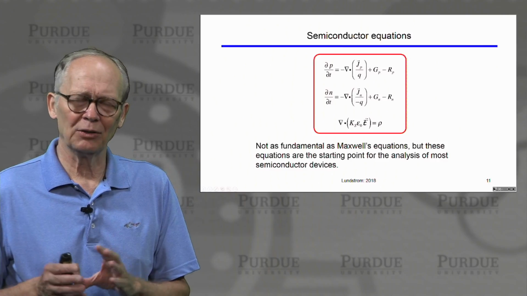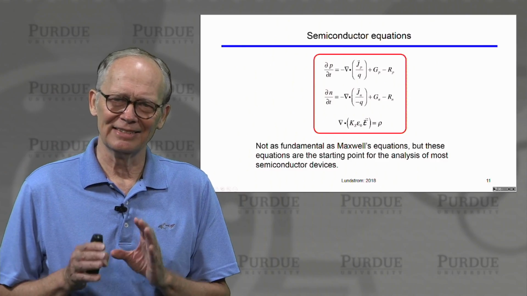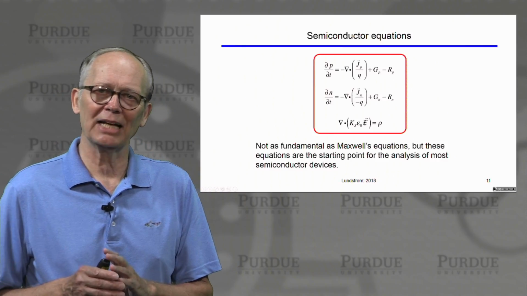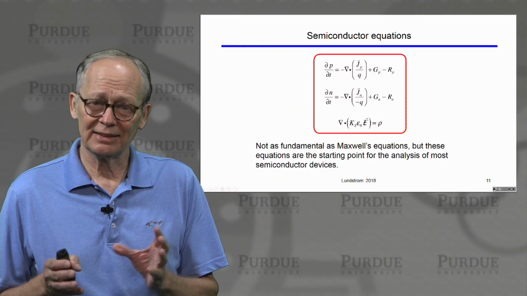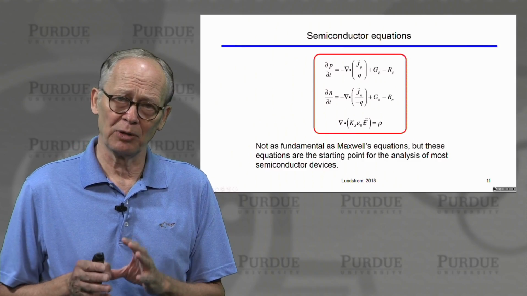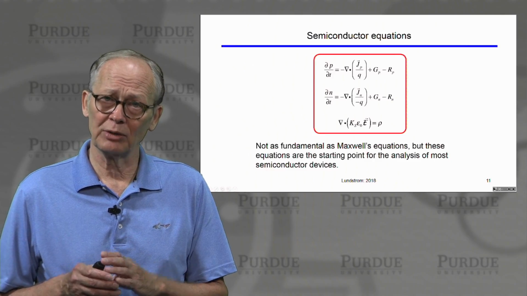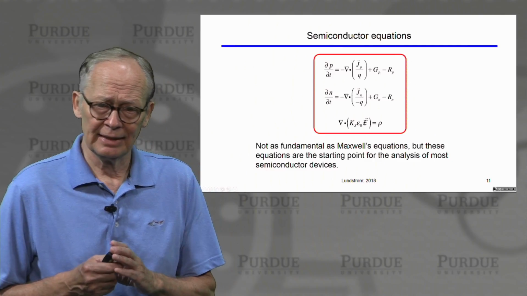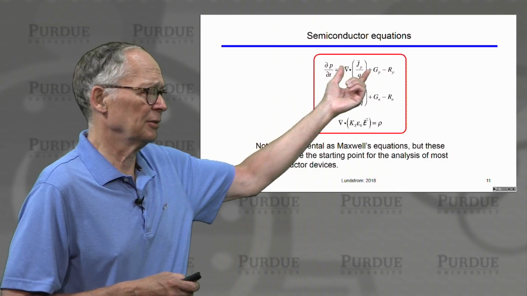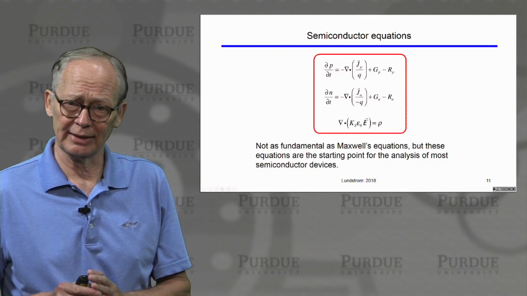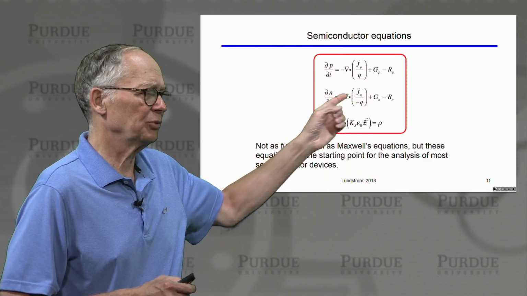Now, I'll point out that these equations are not as fundamental as Maxwell's equations. We made some approximations. They work remarkably well for many semiconductor devices. They're usually our starting point when we encounter a new device. The continuity equation is a bookkeeping equation. That has to be right. But the current equations, we've made assumptions.